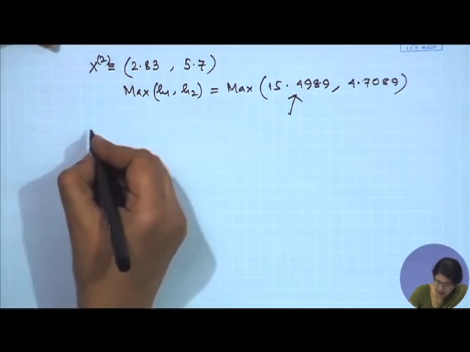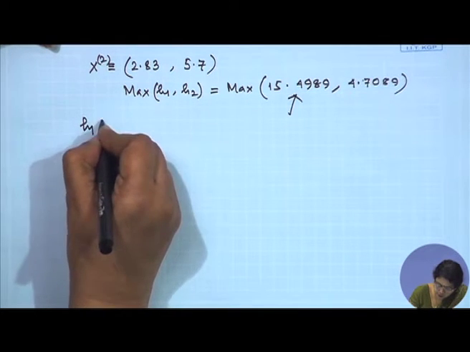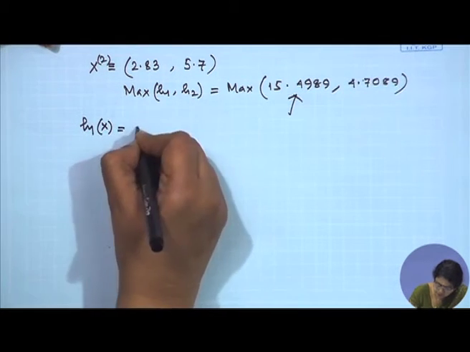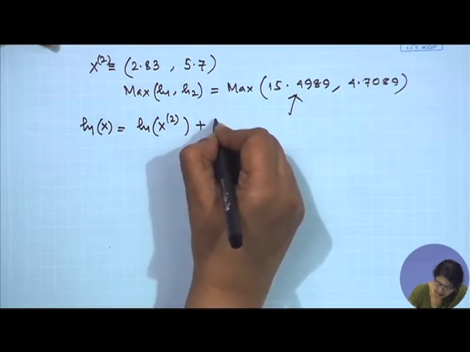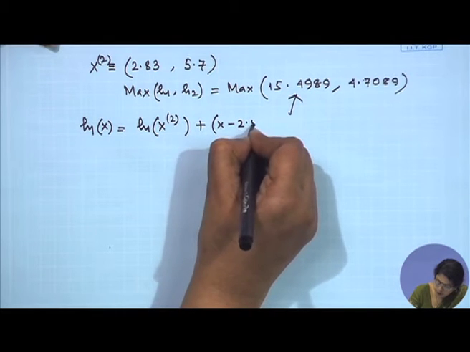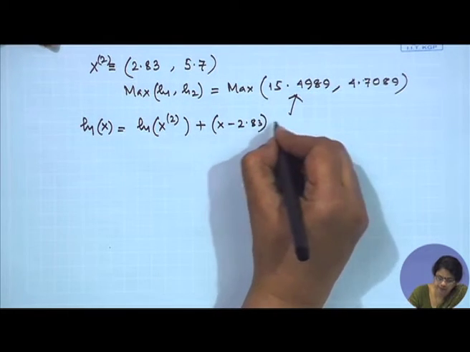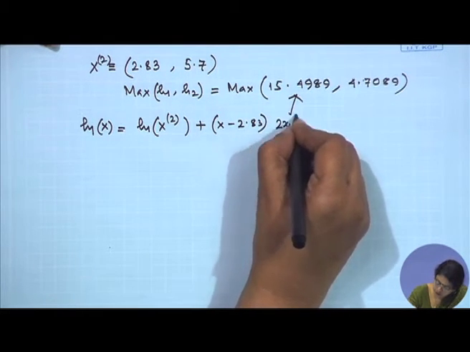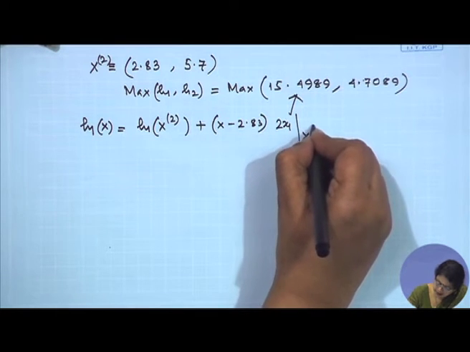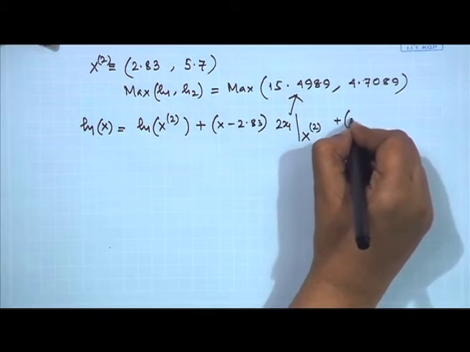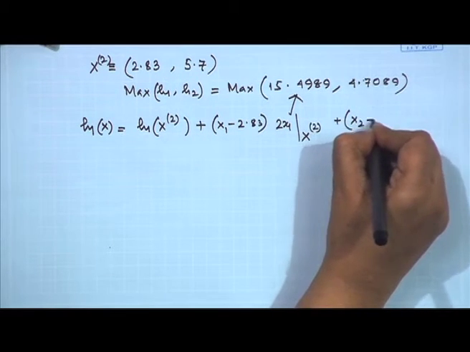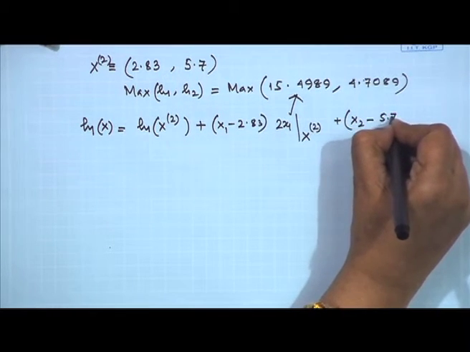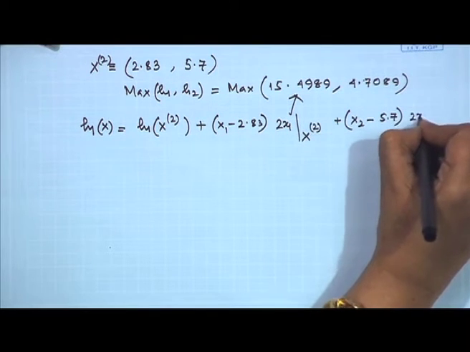Again we will expand h1 at x2: h1(x2) plus (x1 minus 2.83) times 2x1, plus (x2 minus 5.7) times 2x2.